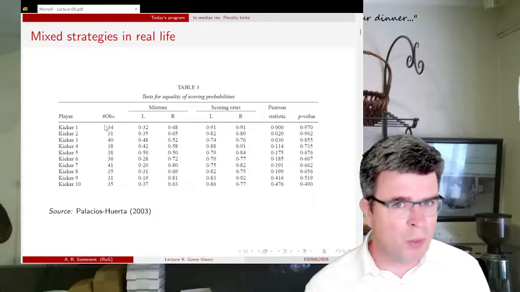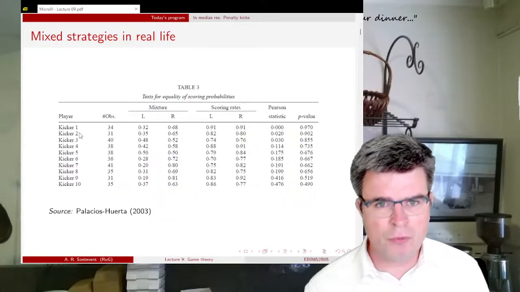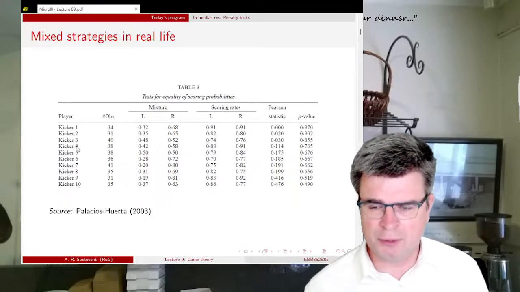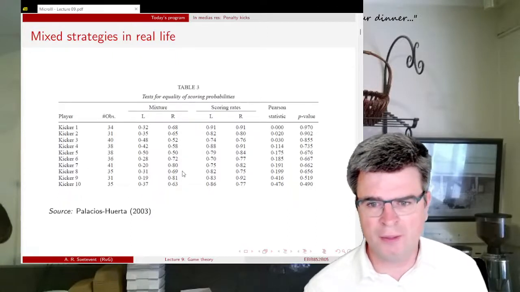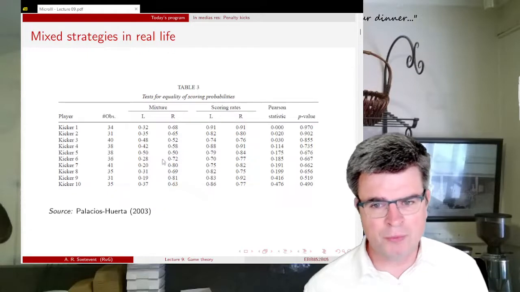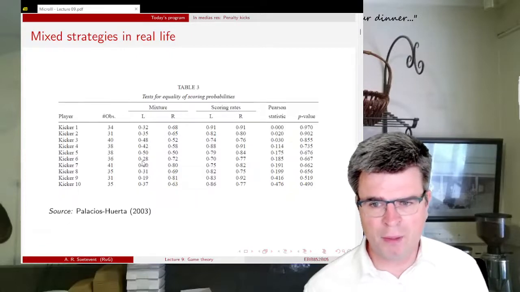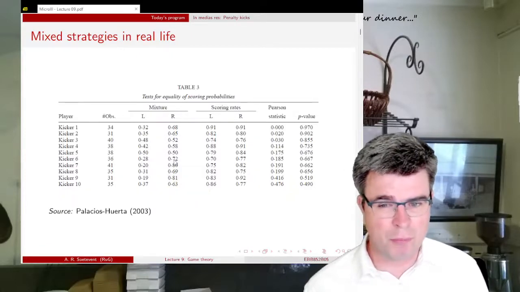Now, this not only holds for kicker 1, but the convincing evidence in this study is that if you analyze the different kickers from 1 to 10 as listed here, they mix all with different probabilities. So kicker 5 does an equal mixing between left and right. Kicker 6 has really more often kicks to the right than to the left.